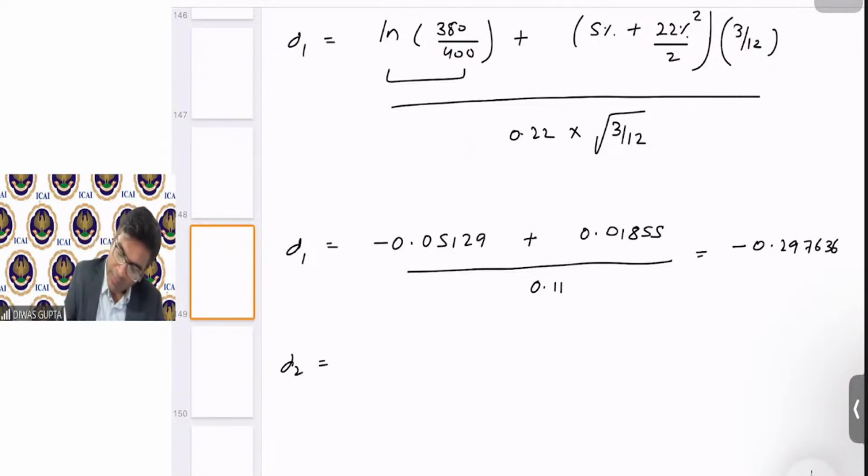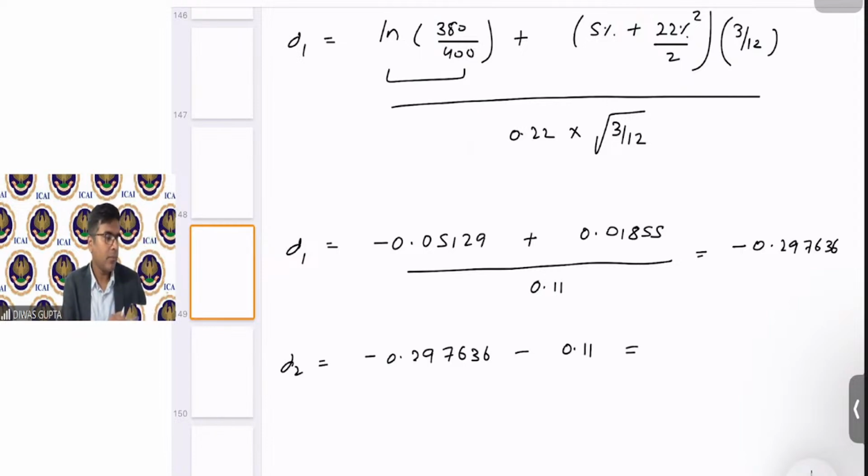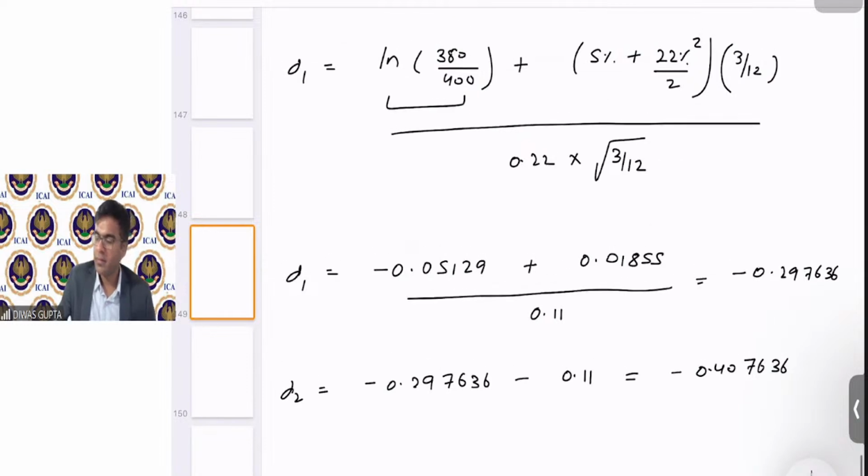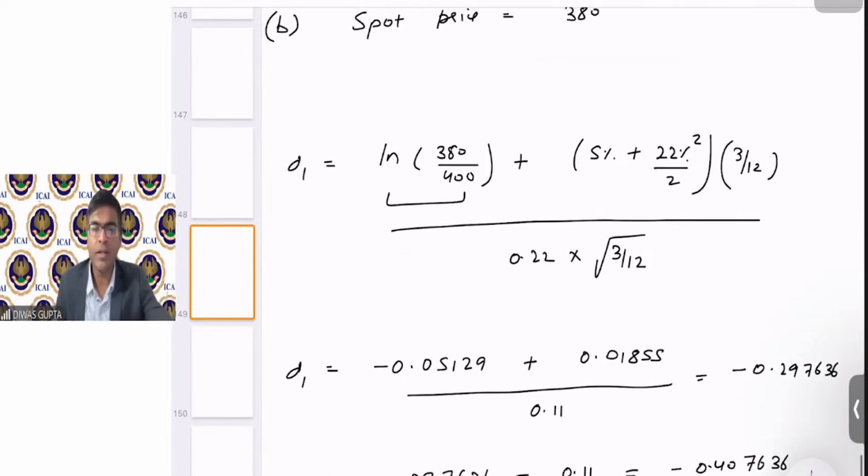And hence D2 becomes minus 0.297636 minus 0.11. So D2 becomes minus 0.407636. Okay, students, this is the D1 and D2.